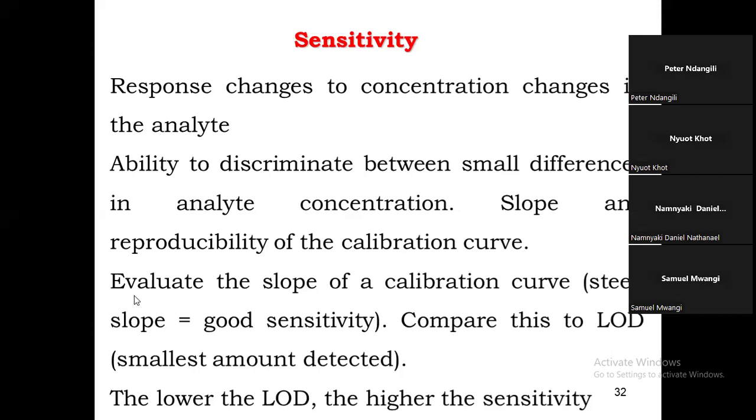And that's why we are saying that we evaluate the slope of a calibration curve. If it is very steep, it means that our sensitivity is very high. Okay? And then we can compare this one to the limit of detection. That is the smallest amount that is reliably detected. The lower the limit of detection, the higher the sensitivity of our method.